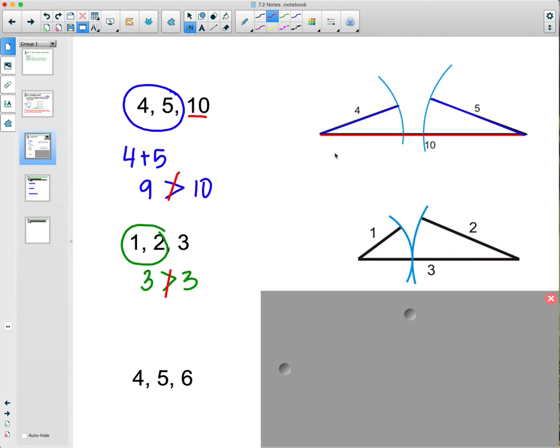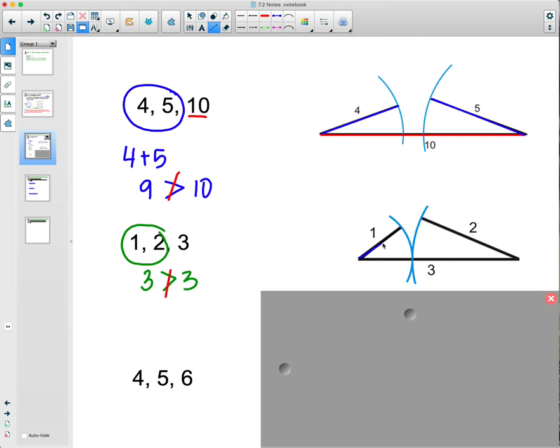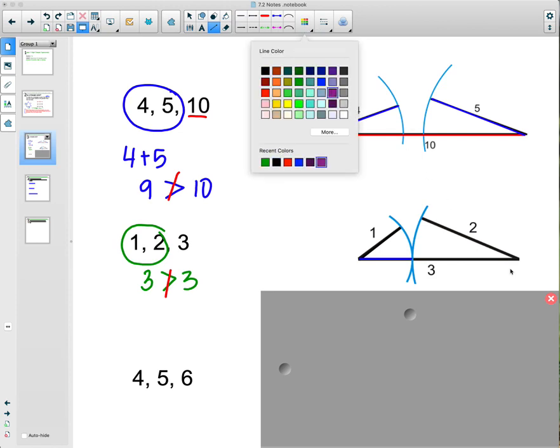Again on this diagram, when we hinge this 1, it goes all along here, and the other segment, the one that's 2 units long, can hinge here. They won't touch until they're laying flat on top of each other, so there's no space in here, and it doesn't make a triangle. So when the two equal the third, they just lay flat on top of each other, and no triangle is created.